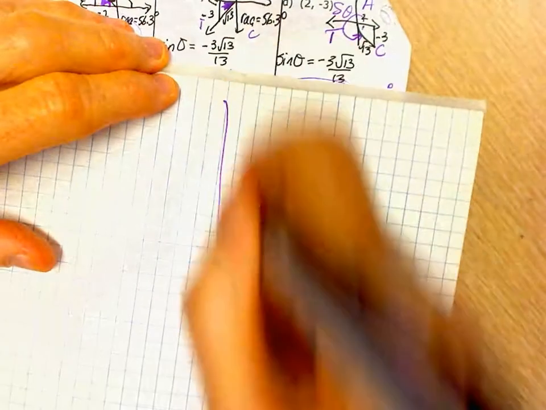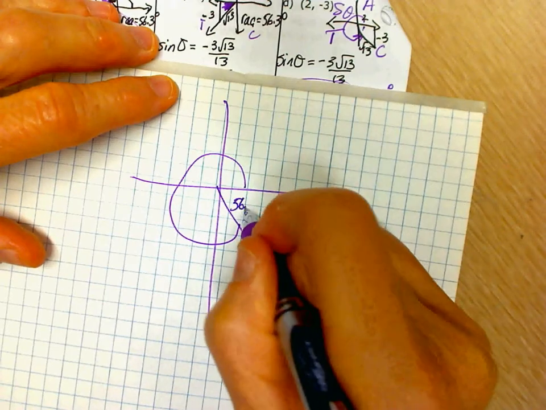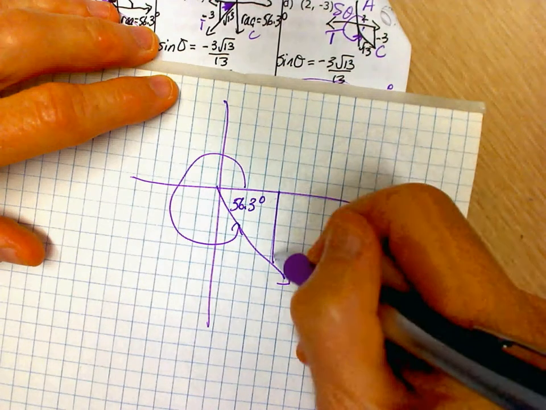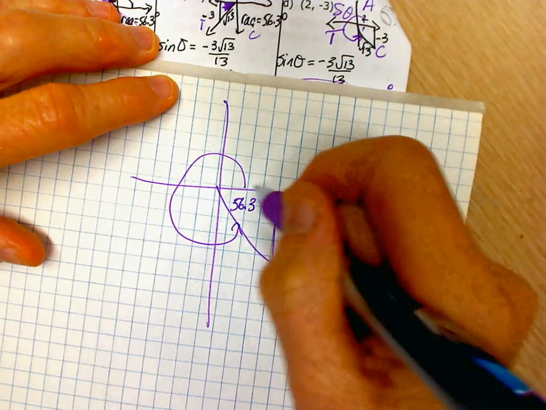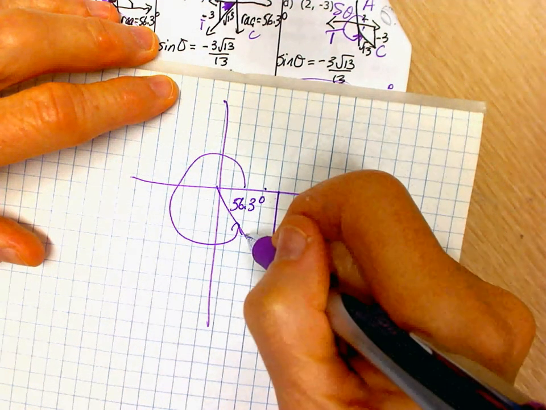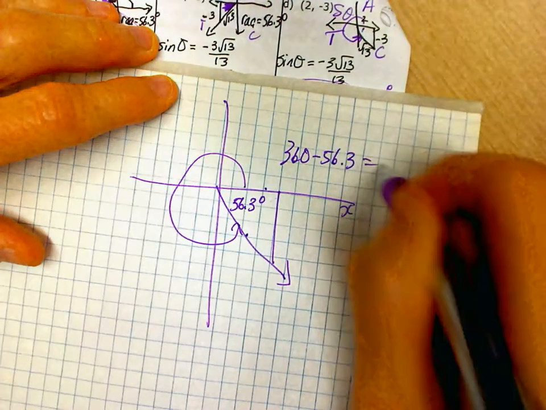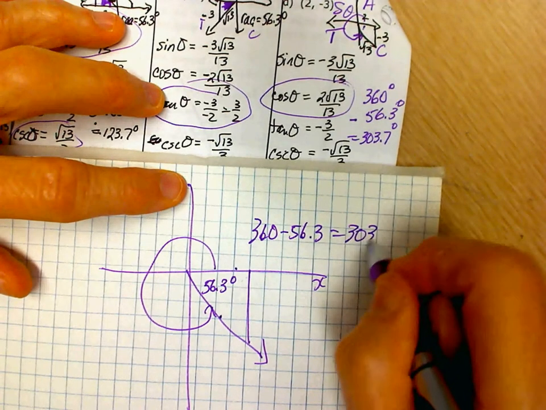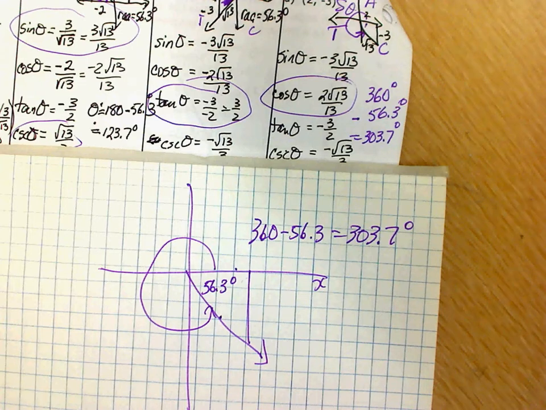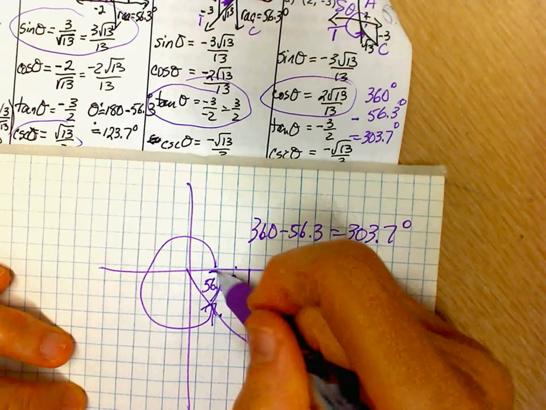The related acute angle, when we come down here, is 56.3. The angle between the terminal arm and the x-axis is 56.3. So we go 360 minus 56.3. The trig ratios of this angle are dependent on the related acute angle.